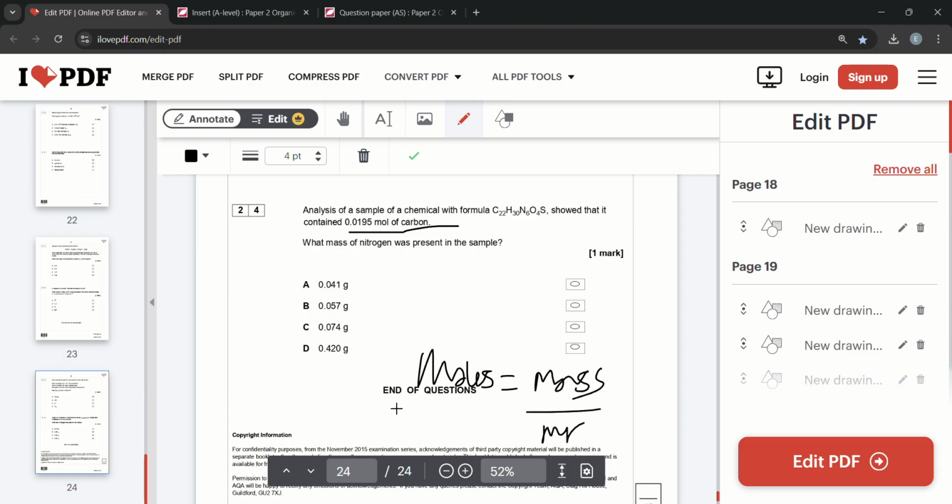So mass is moles times MR, so we're going to do 0.0195 times the MR of carbon, which is 12. And then whatever mass we get, we divide it by 22 times 6.